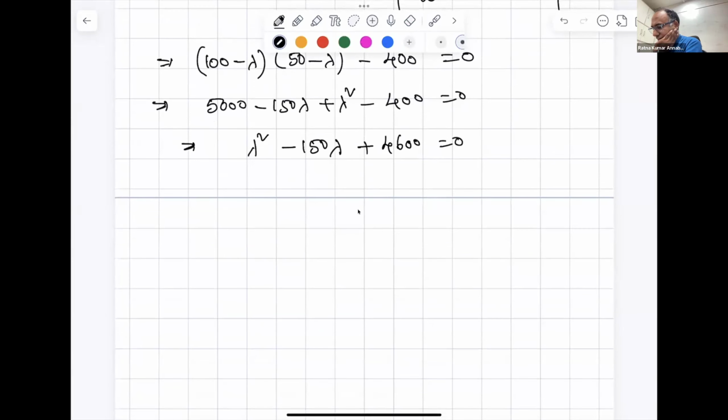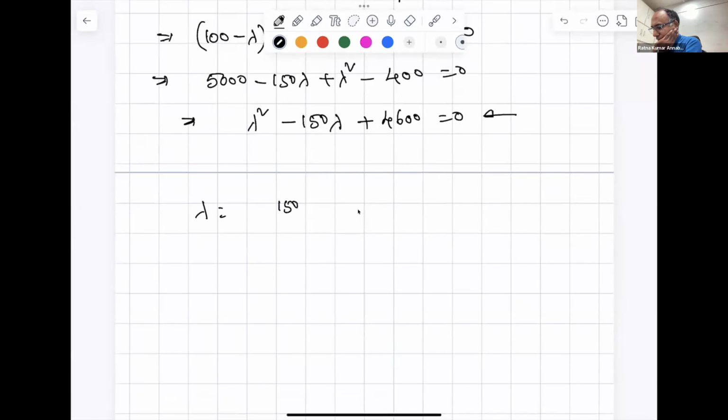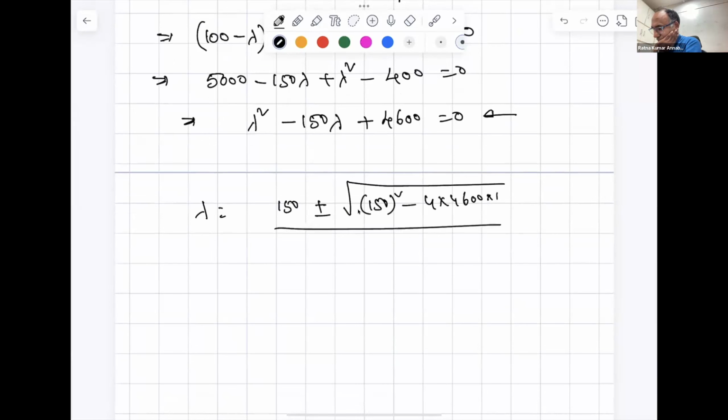This is the equation. Can you find the solution of this equation? Lambda is equal to minus b plus or minus square root of b square minus 4ac, where c is 4600, divided by 2a.